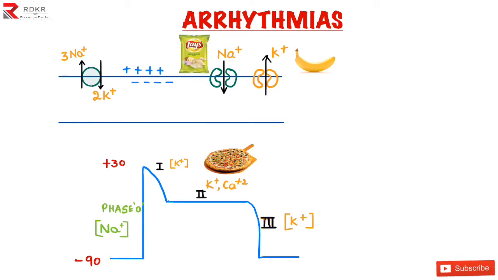What happens? You are very fond of junk food. So you get a Lay's packet and you start eating the Lay's. Lay's has more of the sodium content, so when you start eating the Lay's, the sodium ions come into your cell. After resting, your cells become active.